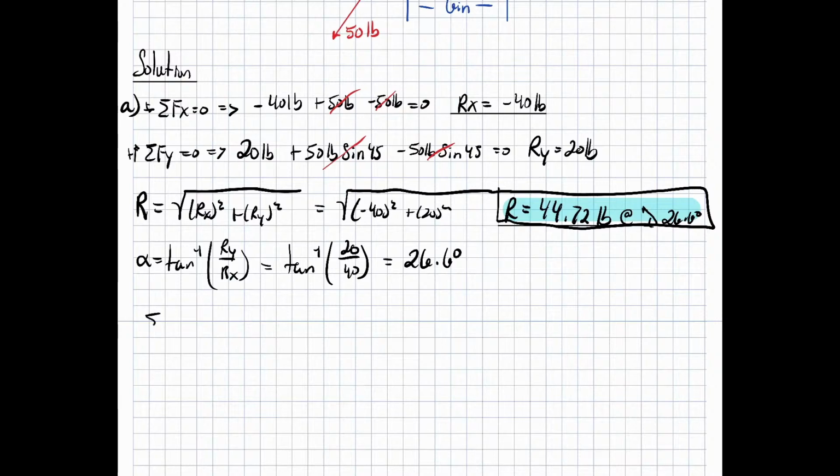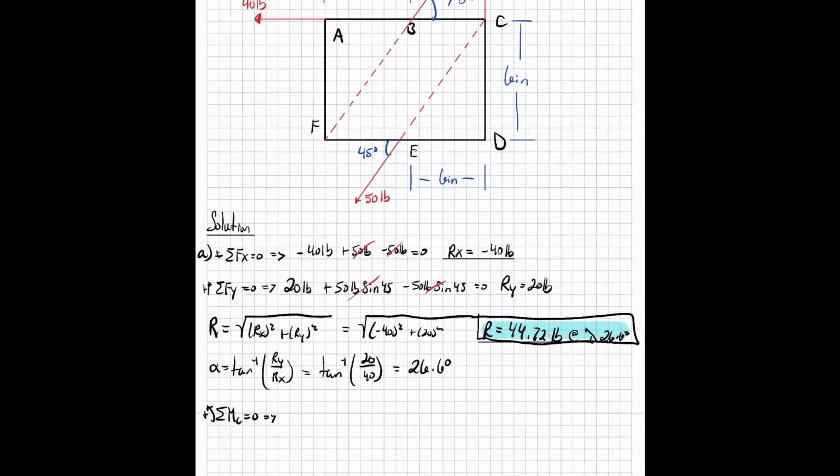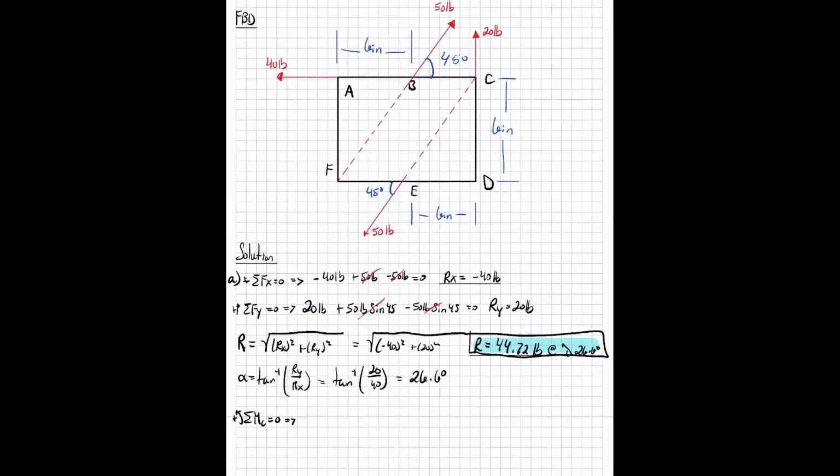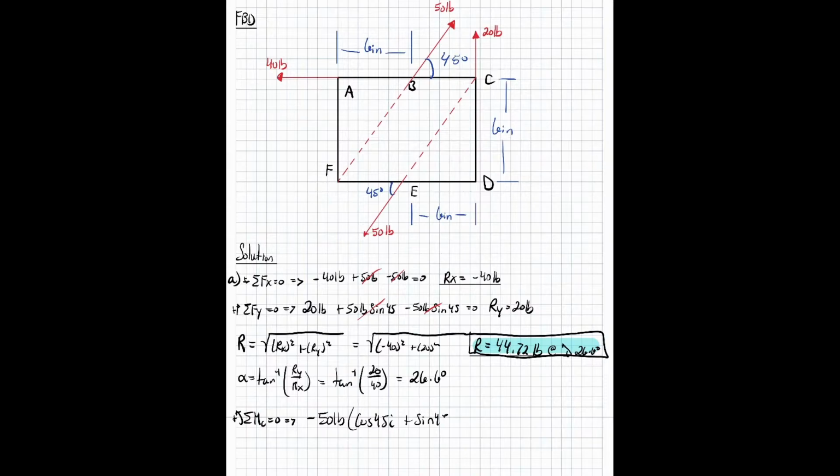Okay, so let's take a moment about C. I'm doing the sum, by the way. I'm saying counterclockwise is positive. Kind of zoom out so you can see this. We have a negative 50 pounds times cosine of 45 in the i direction and positive sine 45 in the j direction.